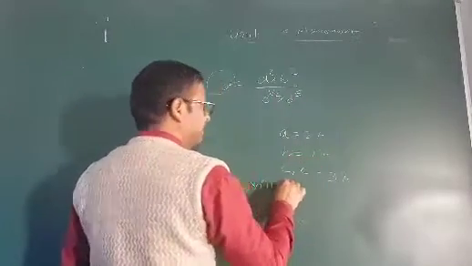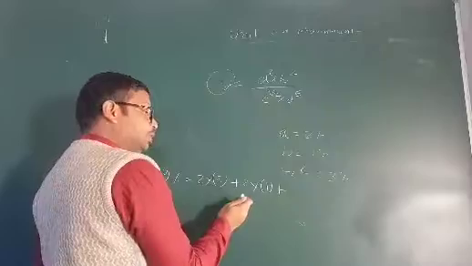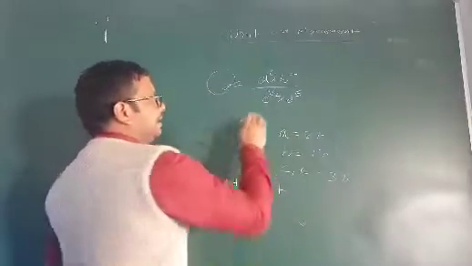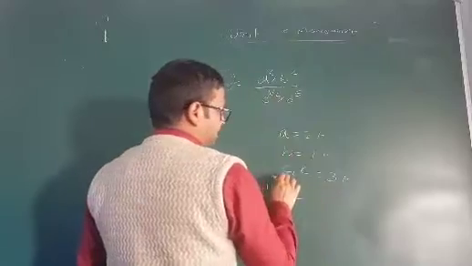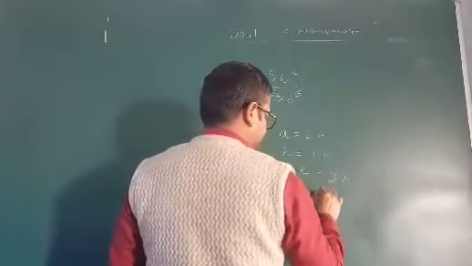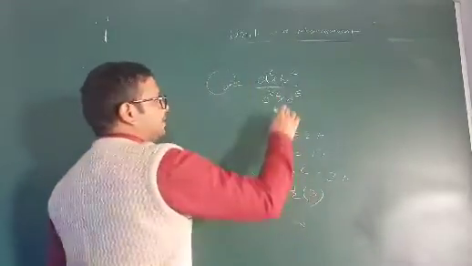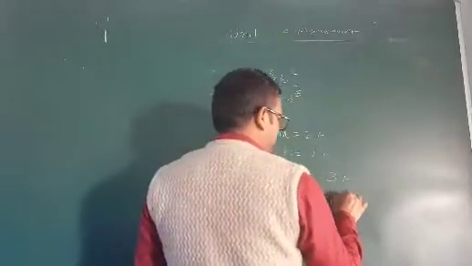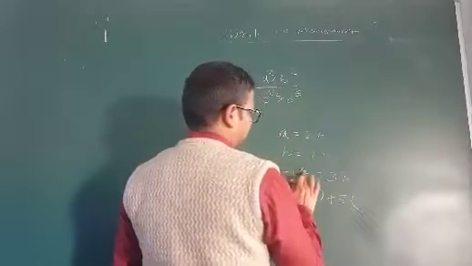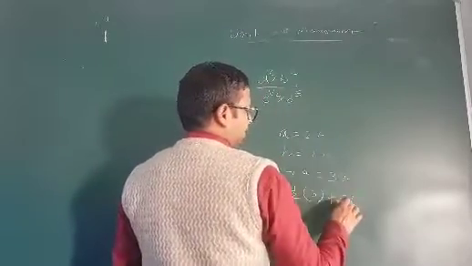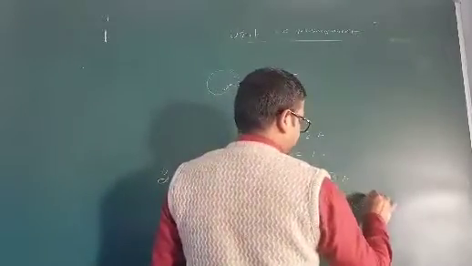Just add. There is division, but you only add. c has the power 1 by 2 and percentage error 3. d has the power 5 but percentage error is again 3.